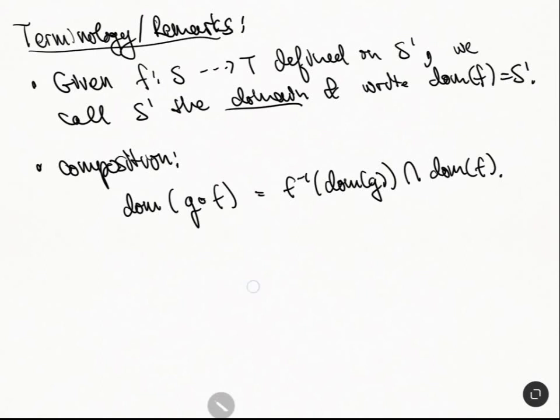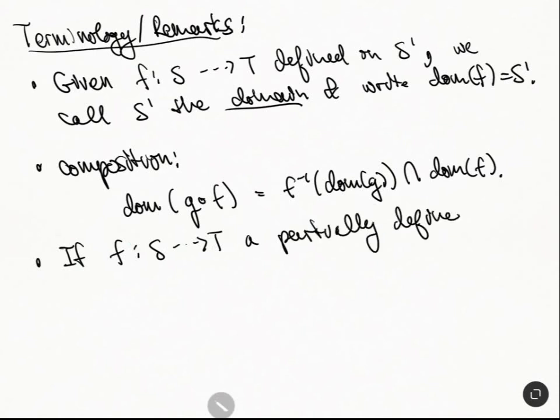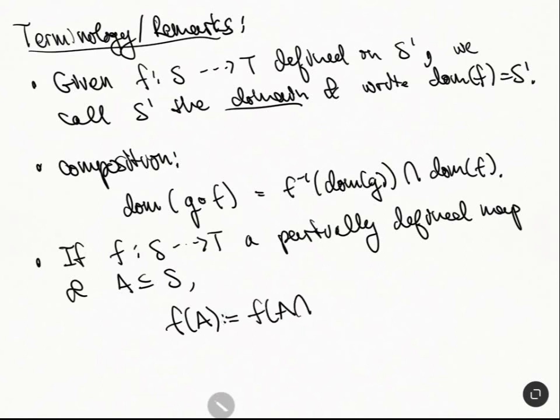Then, given a partially defined map f and a subset A of S, f of A will be defined to be equal to f of A intersect the domain of f.